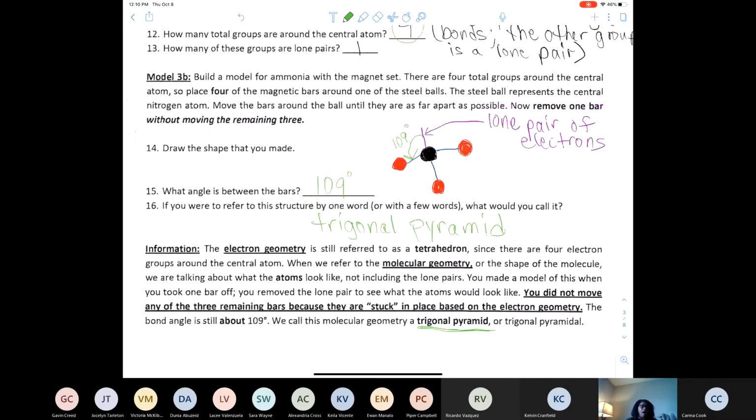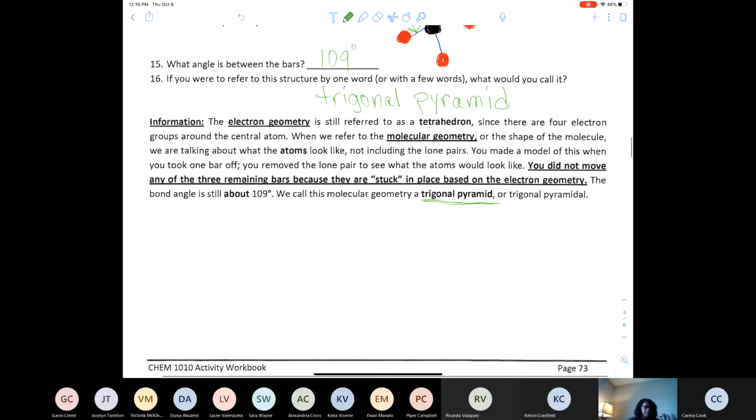Any questions about Model 3? So now you have 3 more models to complete.